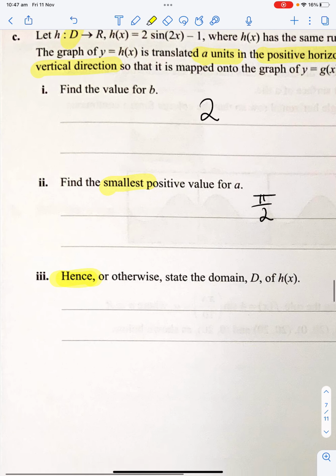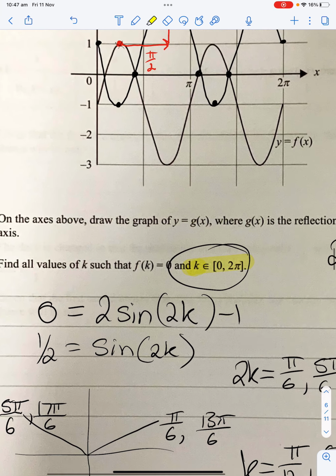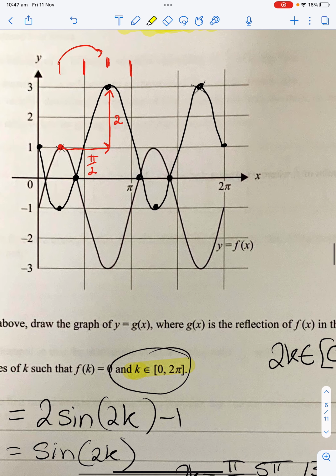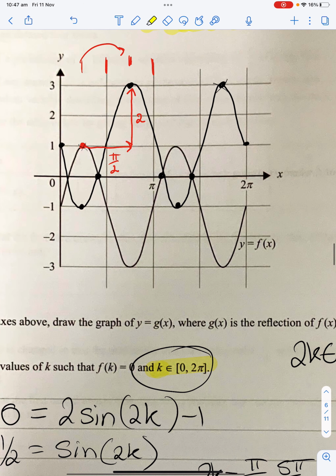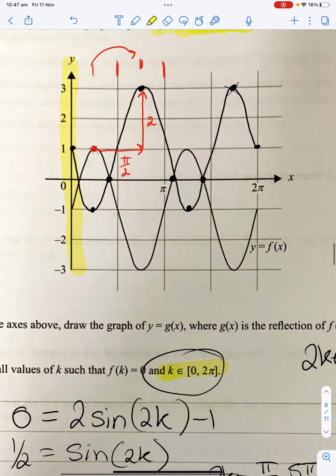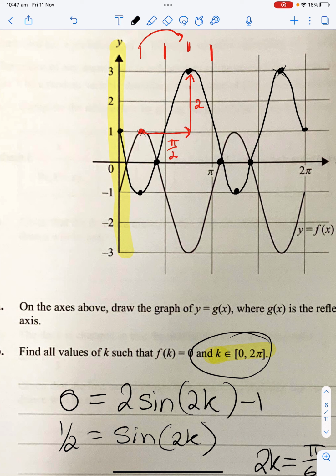So our original function is translated some amount so that it becomes g of x, and g of x starts at 0. So if g of x starts at 0 and our function h of x is translated to become g of x, h of x must have come from over here.